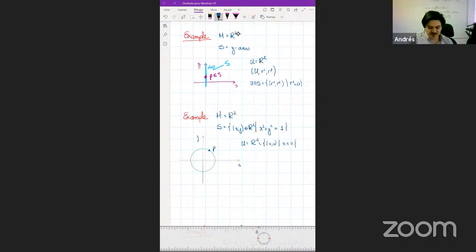So I'm going to use polar coordinates here. So I need to give a phi from U to some open set in R2, right?